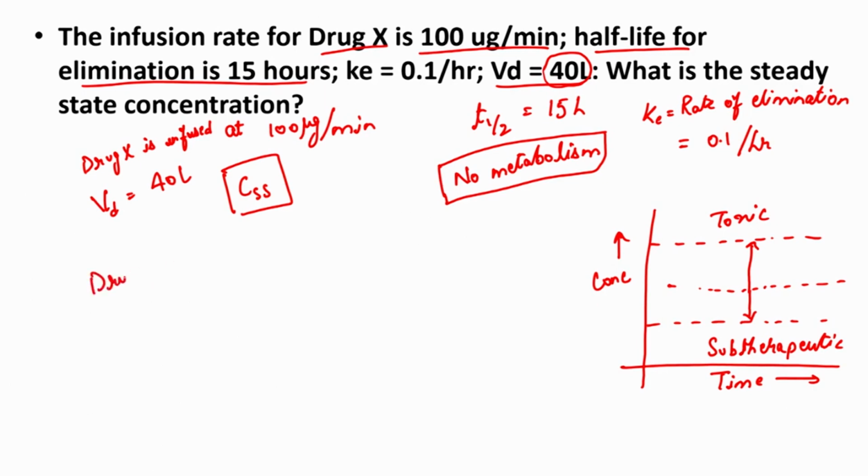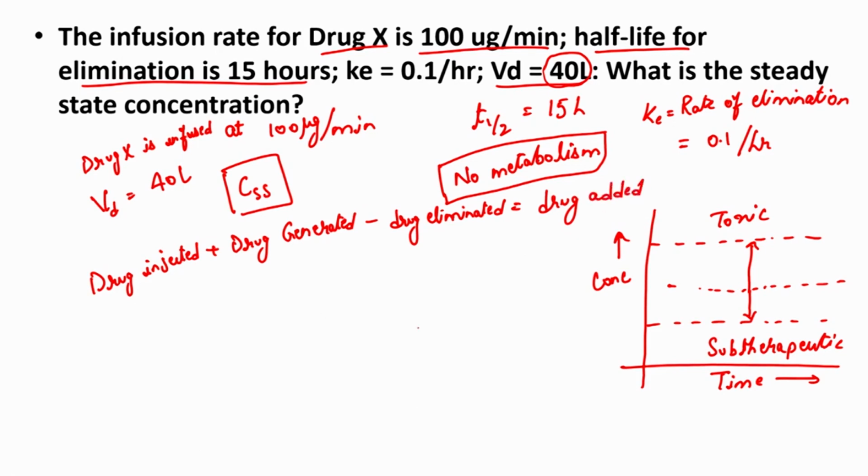Drug injected plus drug generated, this is inside the body again, minus the drug eliminated should be equal to the drug added, meaning the increase in the drug concentration, at that particular time. Since we are at steady state, this is 0, because it is a steady state, and we are saying that the drug cannot be generated, so this is 0.